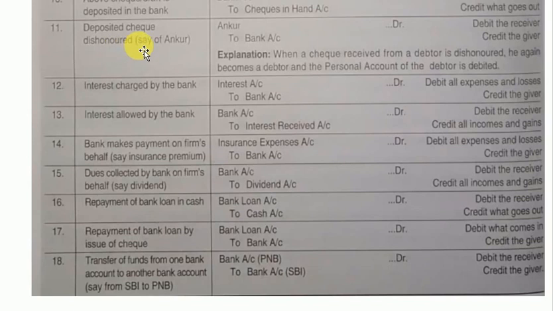That means a check deposited by Ankur is dishonored. That means the check was false, there was not a single rupee in his account, that is what dishonor of check is. So we'll again make Ankur a debtor in our books of accounts and decrease our bank. So the entry will be Ankur account debit to bank account.